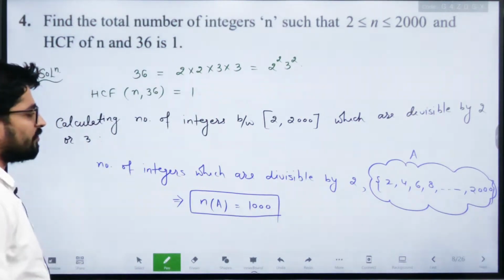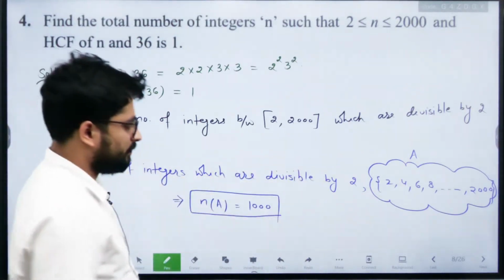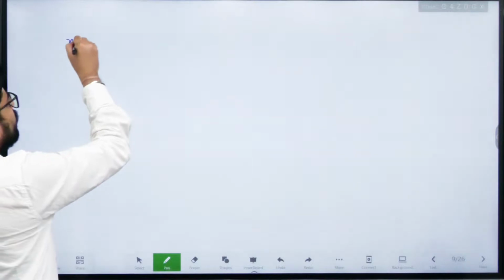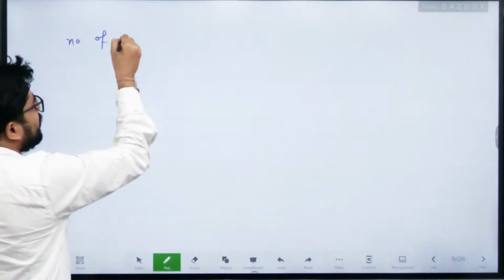Now you have to find the number of integers which are divisible by 3.